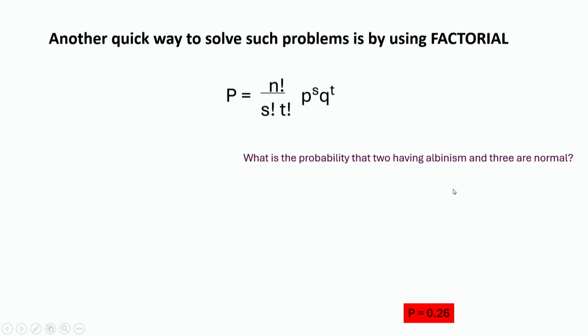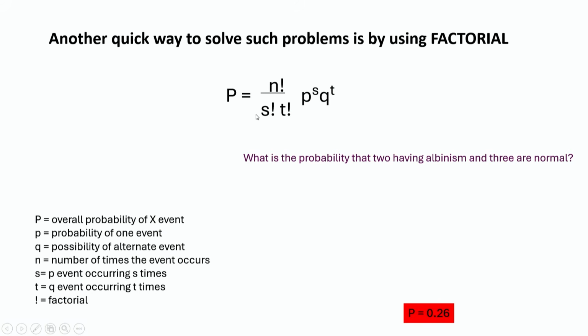I'm just covering a last quick point: sometimes things get even more complicated and binomial expansions get difficult, and in that case you can use factorial. Now it is also simple. How do we solve with factorial? This is the formula, where P is the overall probability of an event, and N is the total number of events, like 5 children, so N should be 5.